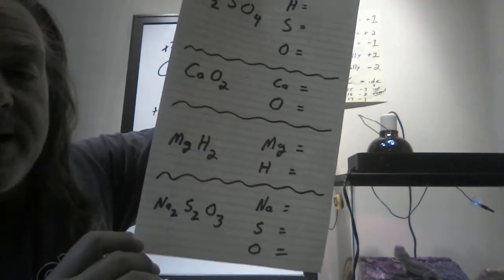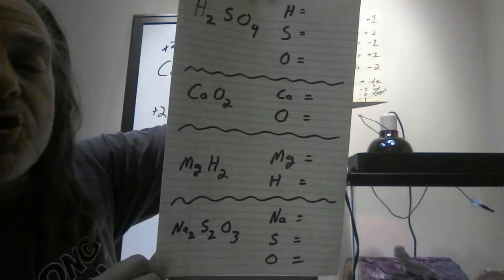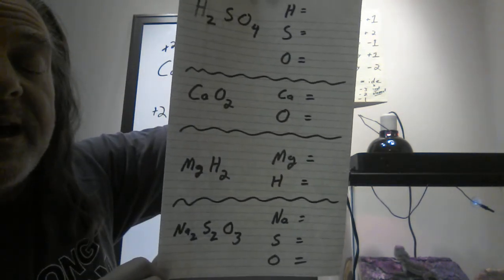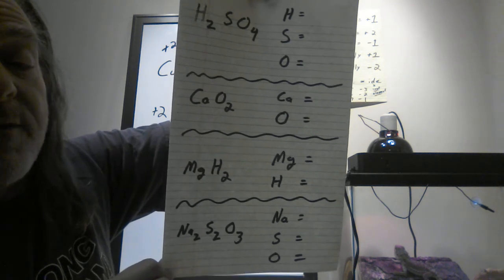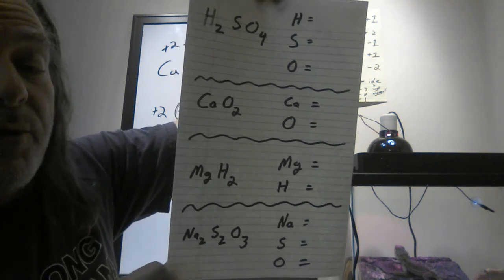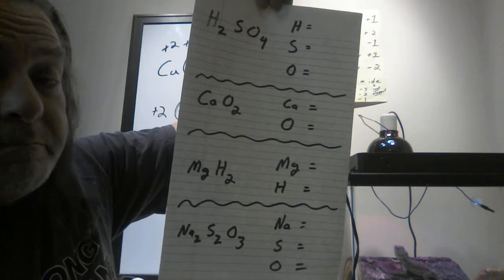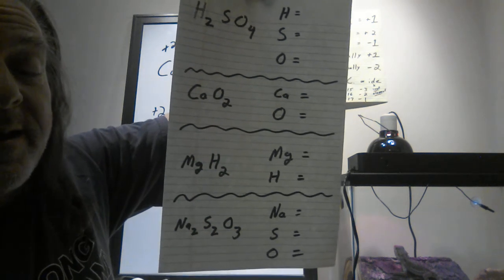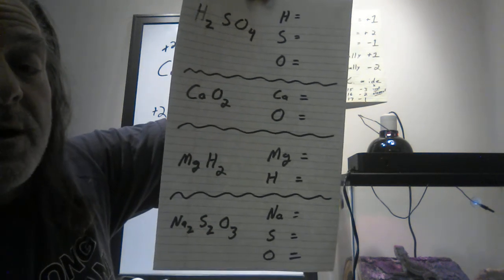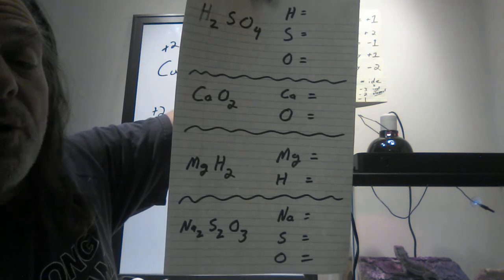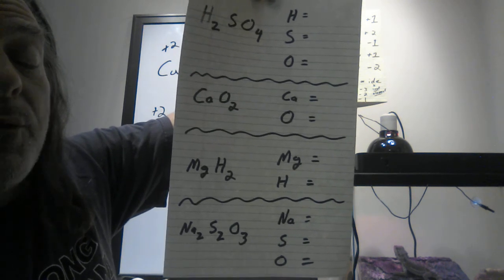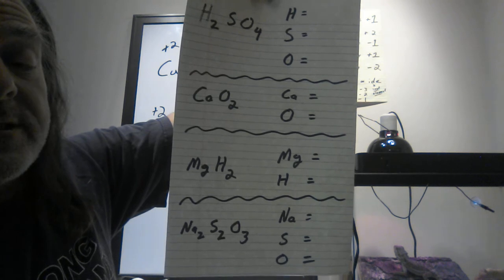I'll tell you what the hardest one is in that last one. You're going to get a charge for one of these 3 that are not lit. It's going to be S, because S doesn't have a rule here. You have a rule for 2 of them. I'm not going to tell you which rules they are, but you know it's got to be Na and O. The one that you don't have a rule for, you do that one last.